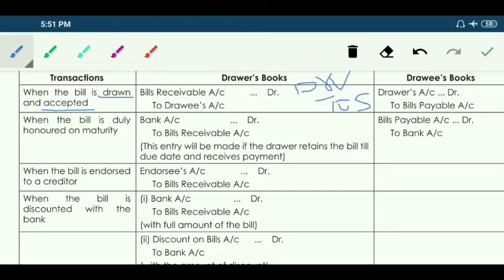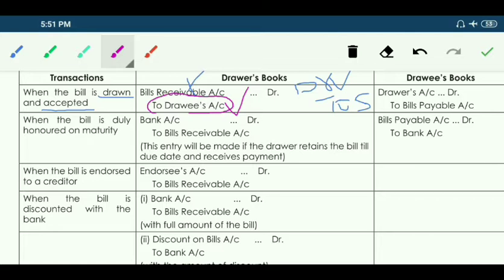Now we debit the bills receivable account and credit the drawee's account. The drawee is the debtor. At the time of sale, we debit the debtor's account.